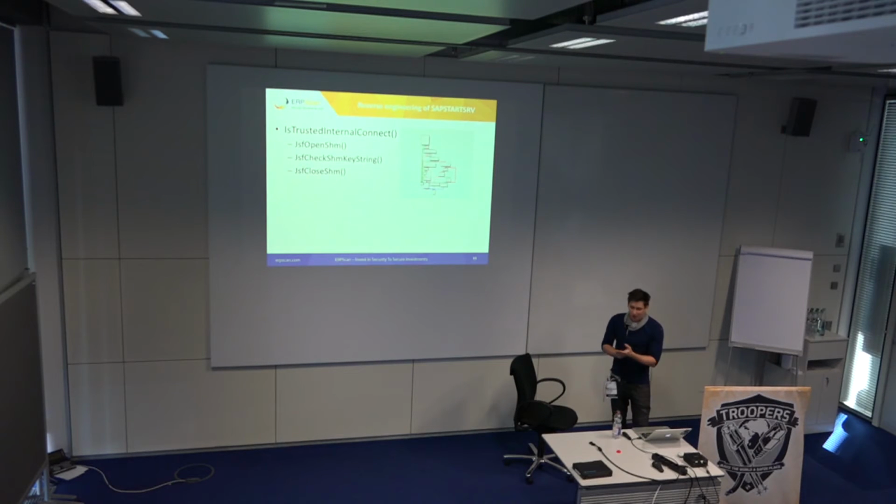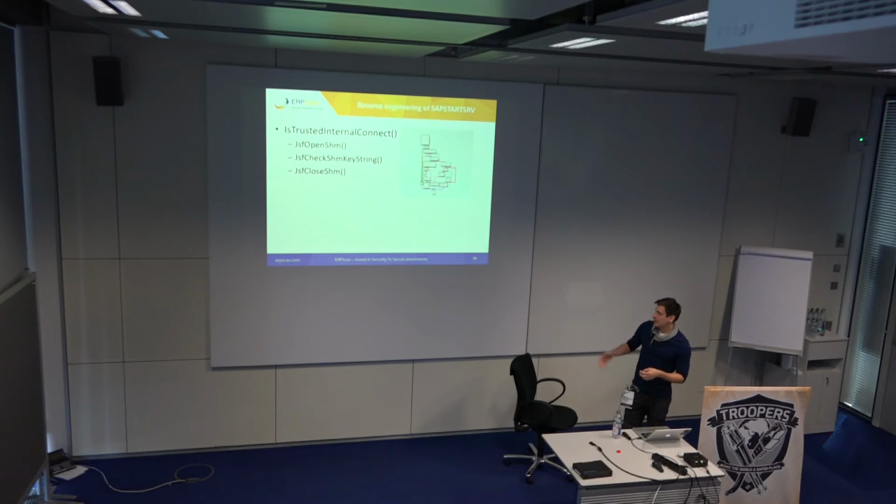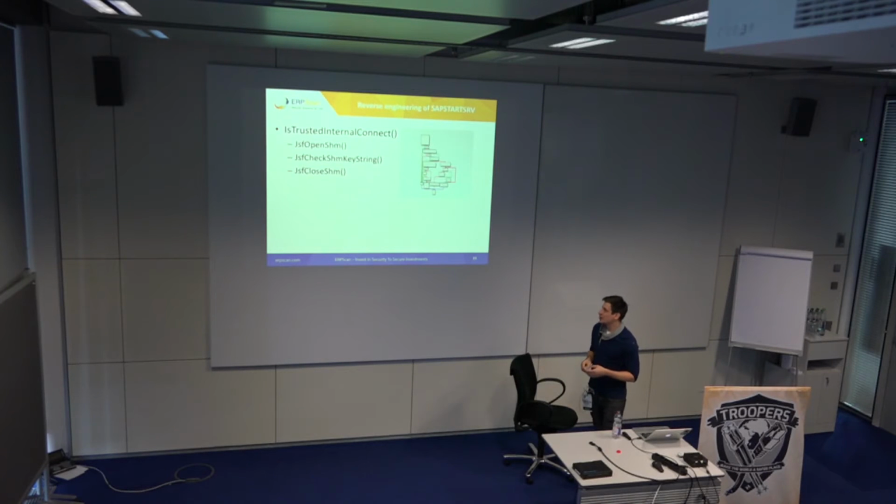So we decided to look at it in the disassembler and try to understand how authentication and authorization work in the SAP Start Server binary file. We sent the HTTP SOAP request and found one interesting function, with the name trusted internal connect.